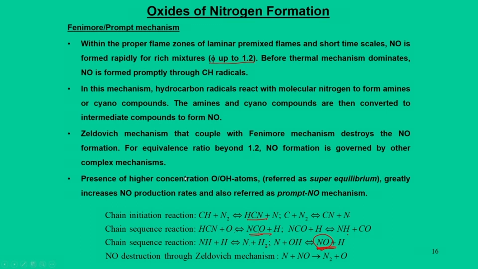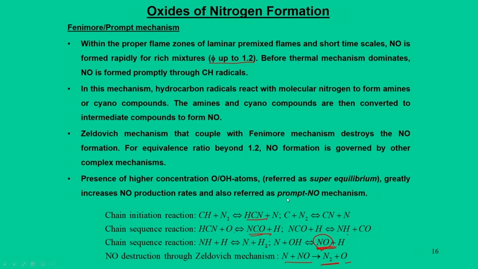Another important consequence is that when we have a higher equivalence ratio and the temperature is also high, then Zeldovich mechanism can couple with Fenimore mechanism. When both mechanisms happen, N plus NO will give you N2 plus O, meaning that if the Zeldovich mechanism dominates, it tries to destroy the NO formation.